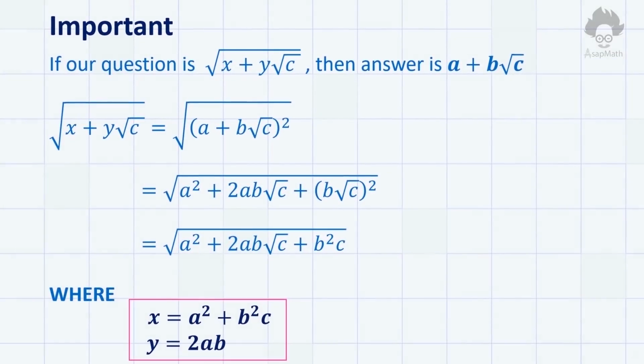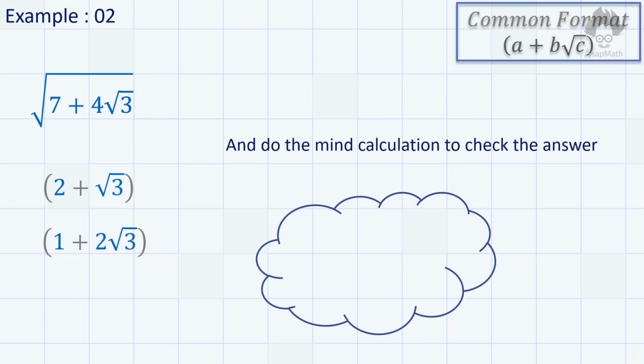We learned earlier that a squared plus b squared should be equal to the natural number within the expression. So here it should be equal to 7. Correct answer is 2 plus square root 3.